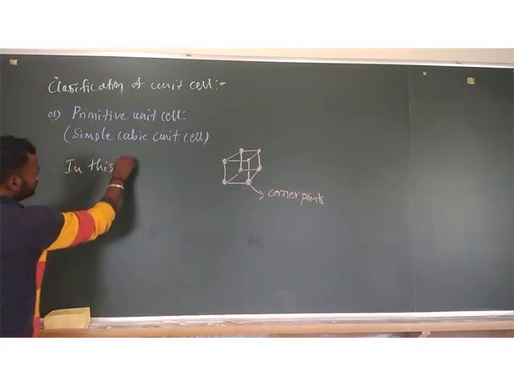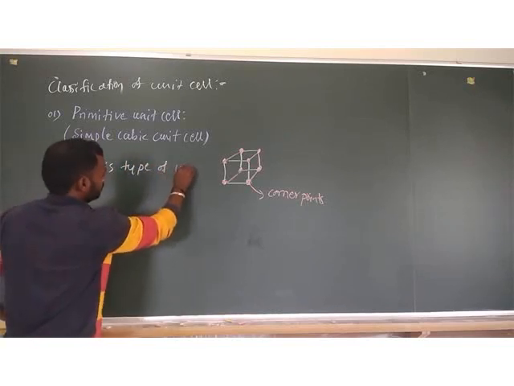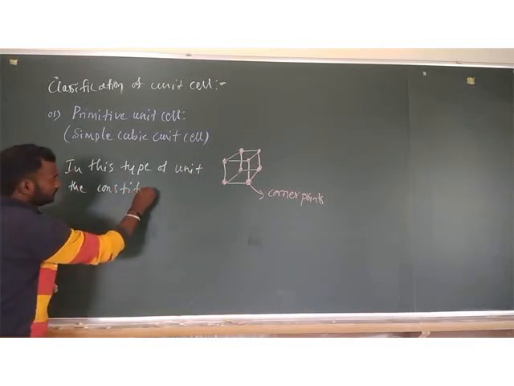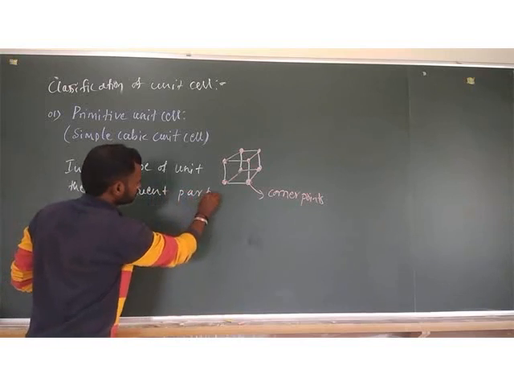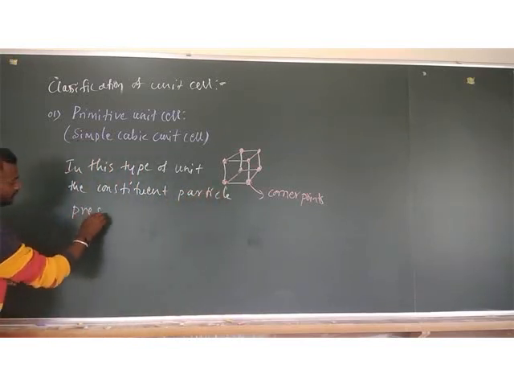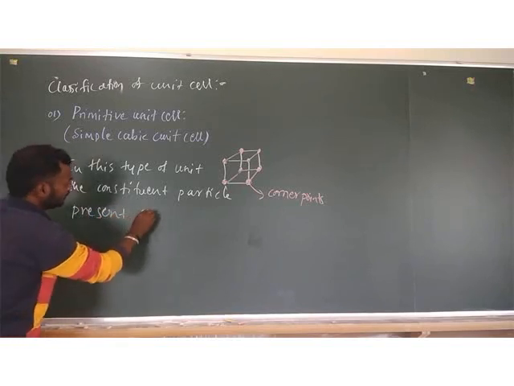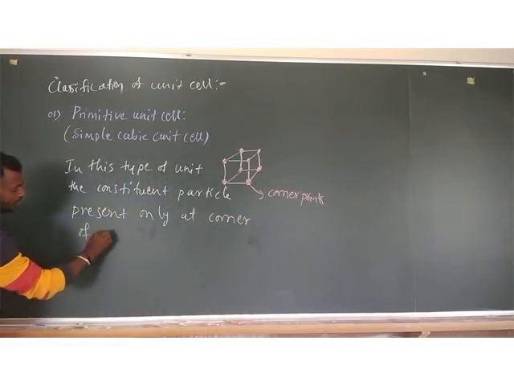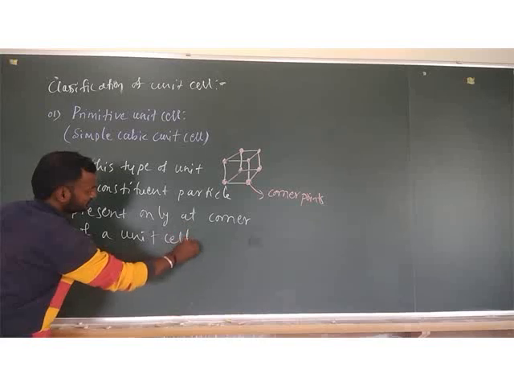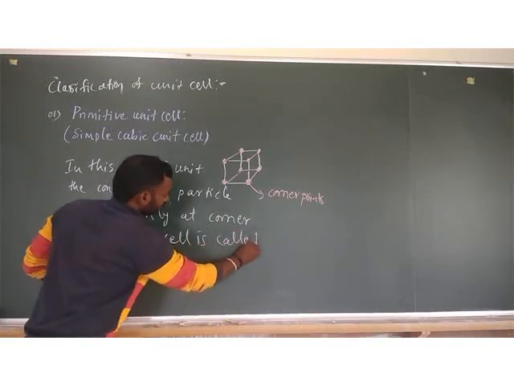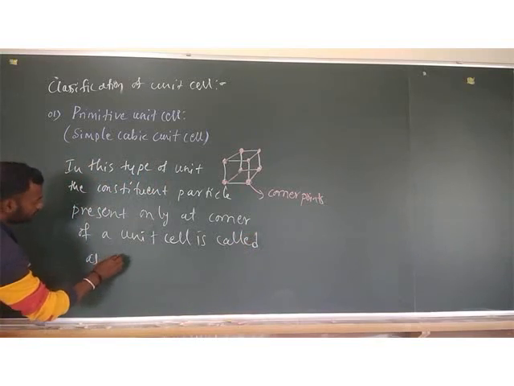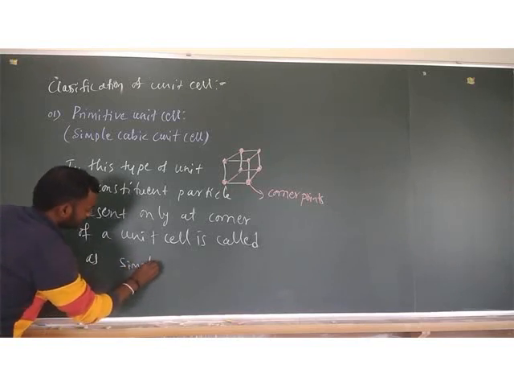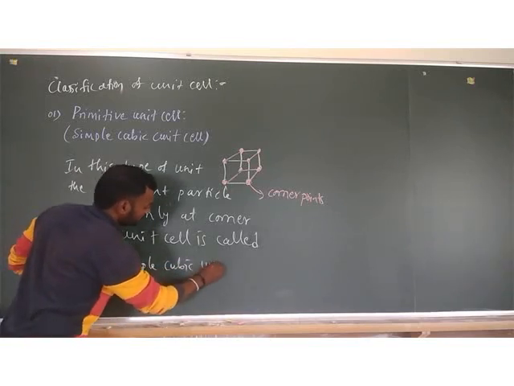In this type of unit cell, the constituent particles present only at the corners of a unit cell is called a simple cubic unit cell.